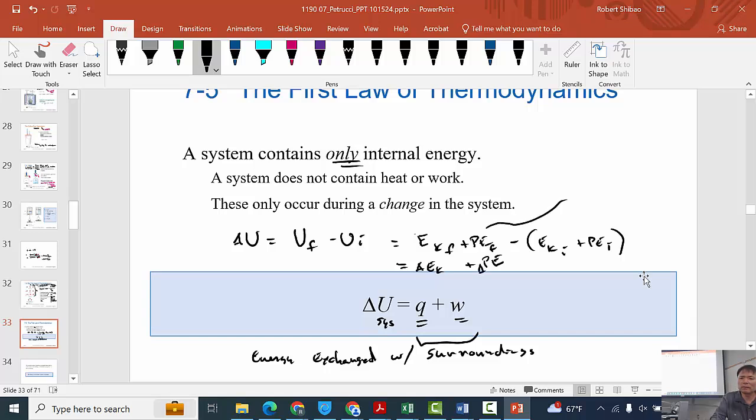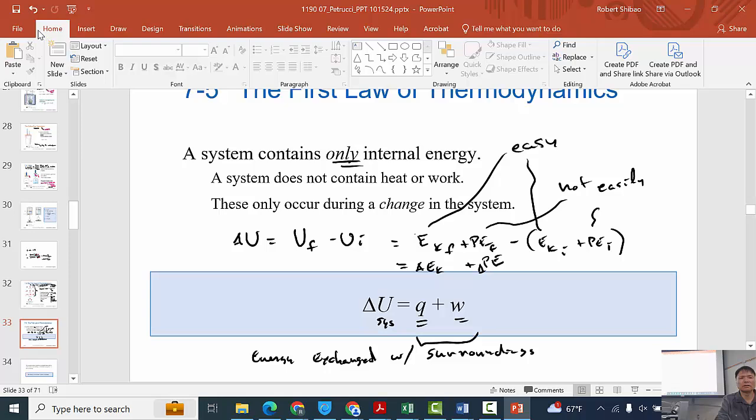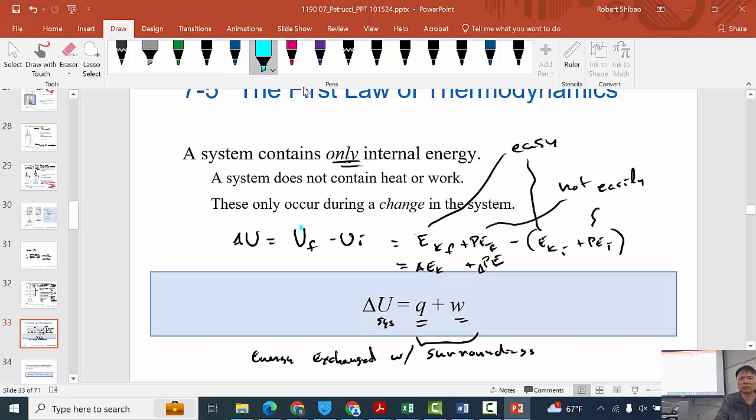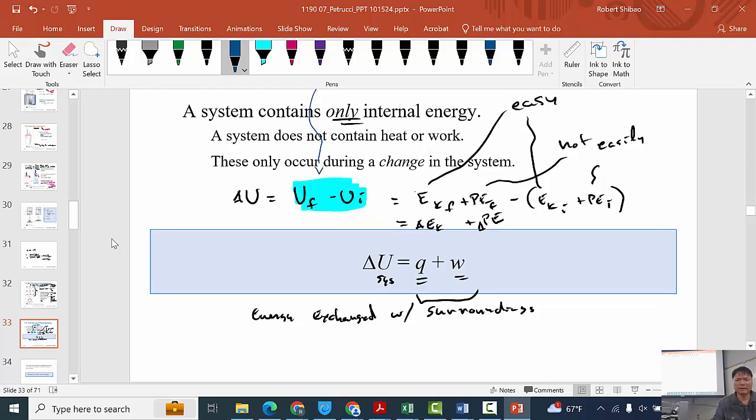The potential energy poses a problem and is not easily determined. Kinetic energy is easily determined, because it just depends on the temperature. So this is never done.